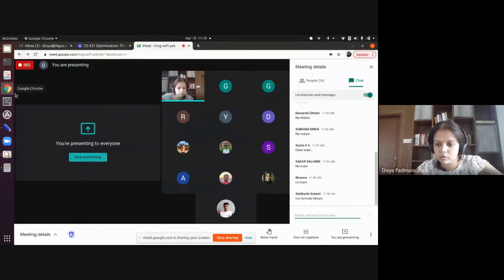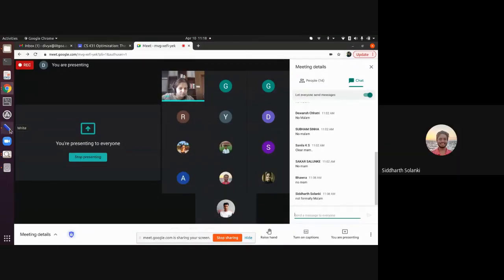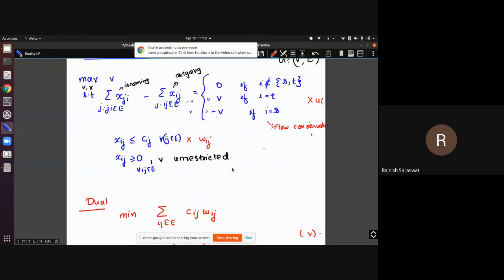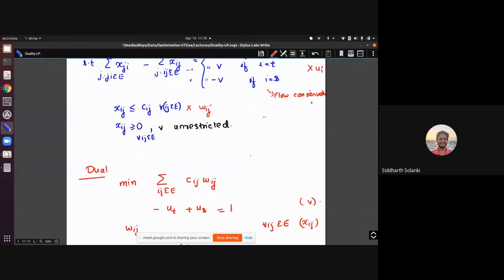Anybody? Is it too hard? When it's for i, the Ui will be with the plus sign, but when it's for j, it will be reverse. So maybe Ui minus Uj.